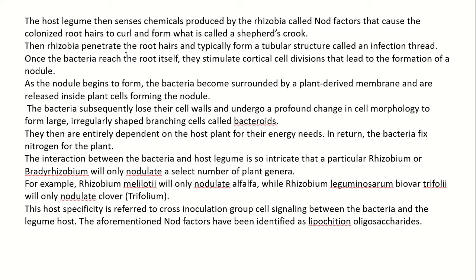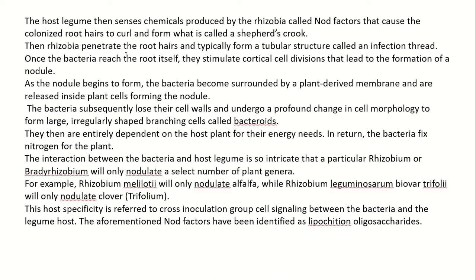The bacteria infected into root cells undergo profound changes in cell morphology and form larger, irregular-shaped, branched cells called bacteroids. This depends entirely on the host cell for energy needs.